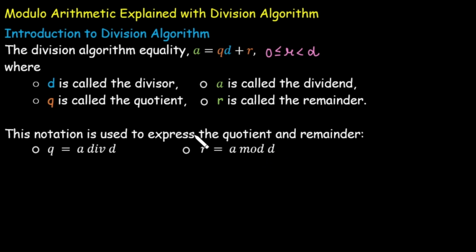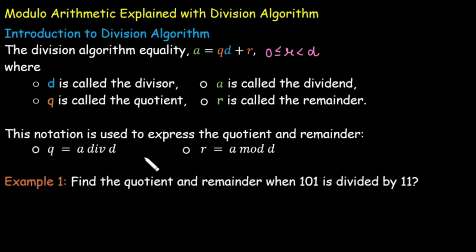Let's understand with the help of an example. Suppose we ask: what are the quotient and the remainder when 101 is divided by 11? When I need a quotient, we can write 101 divide 11. The quotient in this case is 9. And if I write 101 mod 11, it means when we divide 101 by 11, what is the remainder?